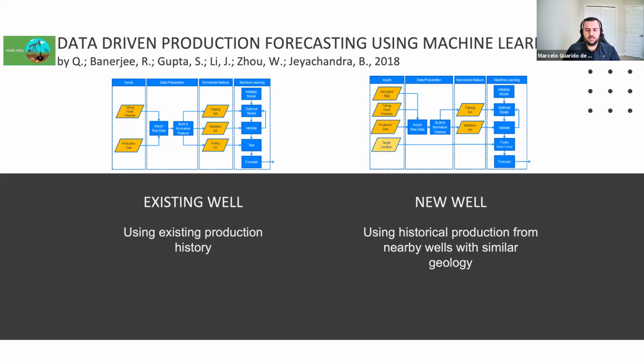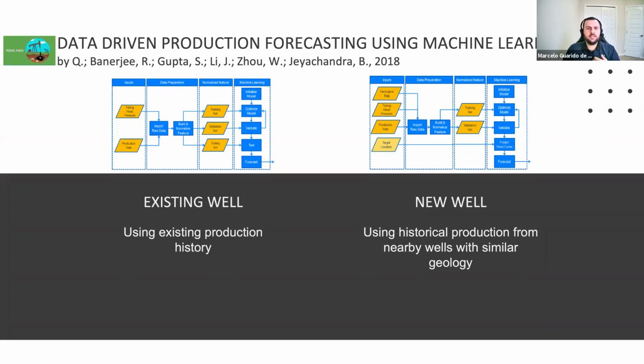So that's very nice to help the owners of the well make a decision to stop, to drill new wells, and so on. And they are doing this for existing wells, what the near future is going to be for the existing well, and also for a new well, a place where you don't have a well, but you have close wells there with similar geology.